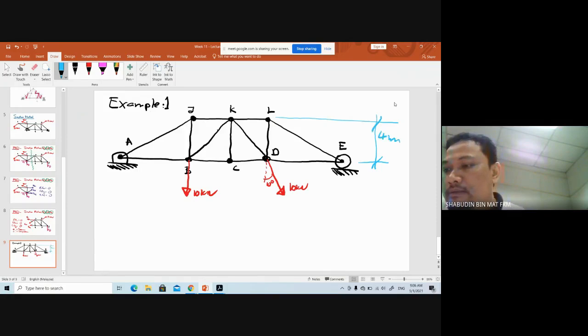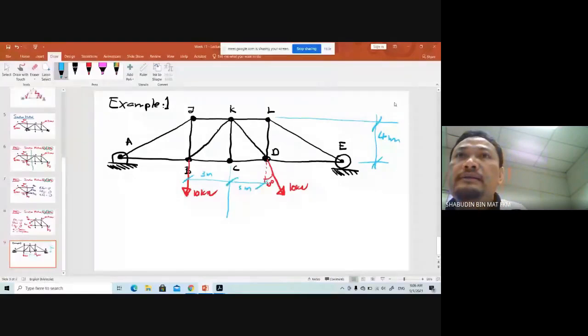That one is 3 meters, and the other is also 3 meters.